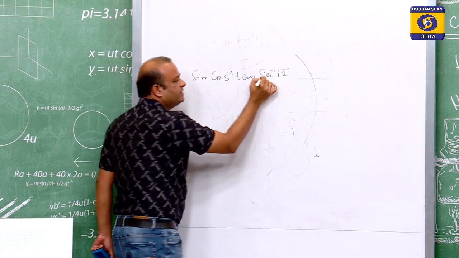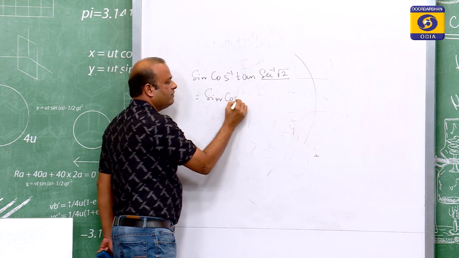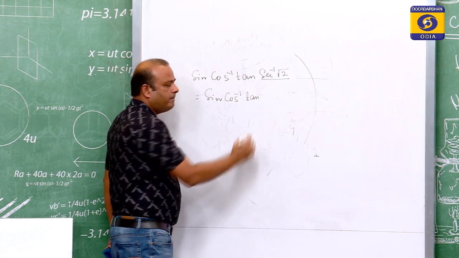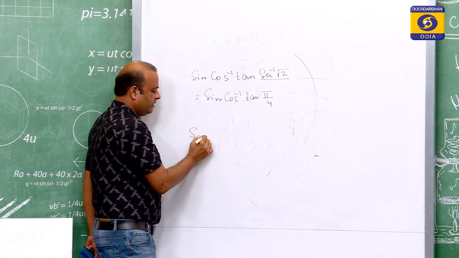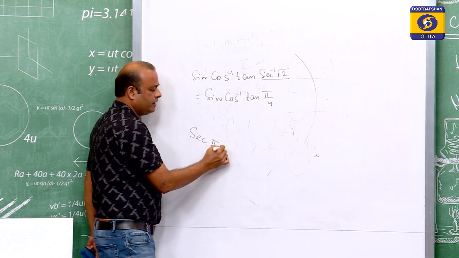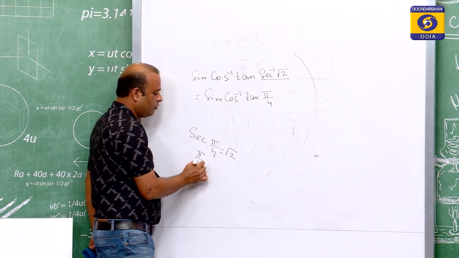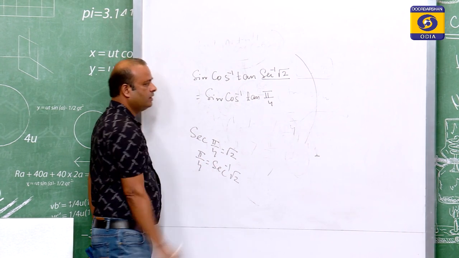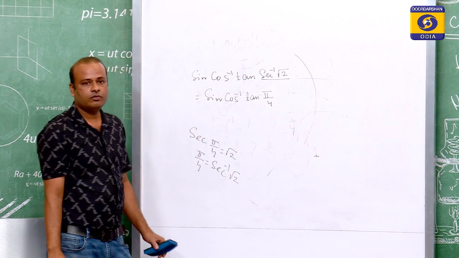So, find its value first. You know sec pi by 4 is root 2. So, sec inverse root 2 is pi by 4.